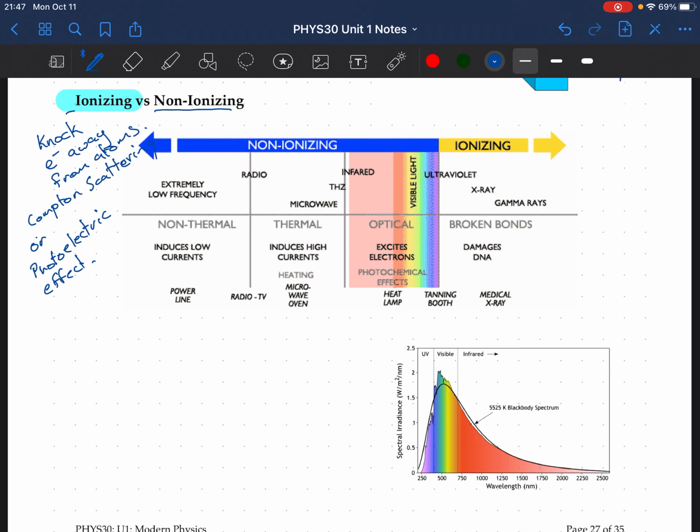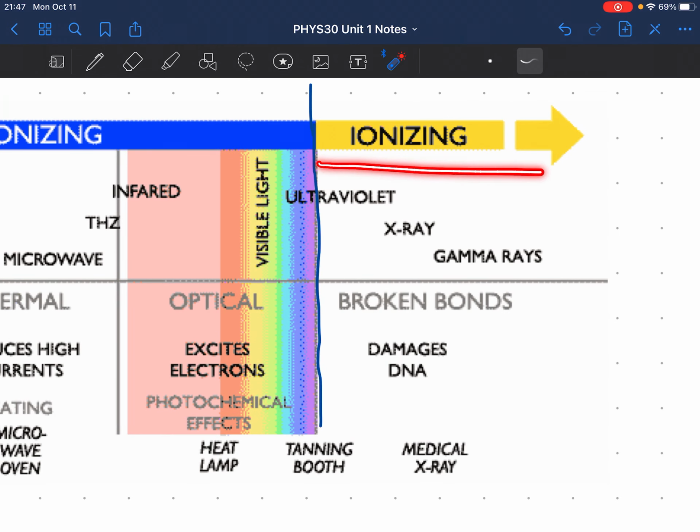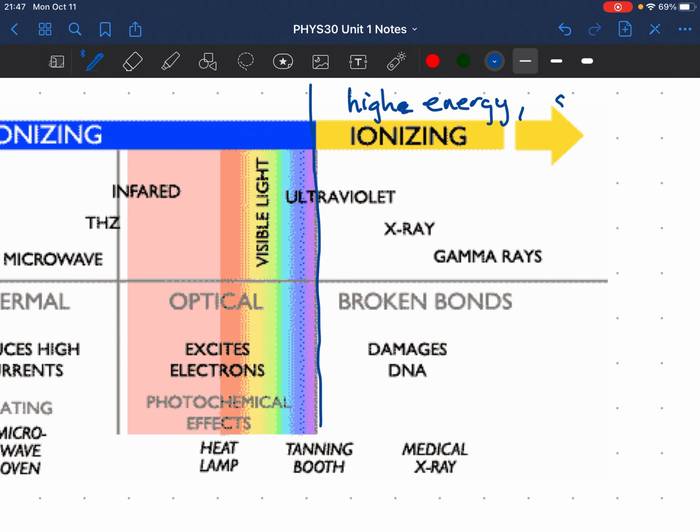Now, why is ionizing radiation so dangerous? Well, over here, we've got the boundary in the ultraviolet spectrum. So right here is our ultraviolet. Anything over here is ionizing radiation. This is high energy, short wavelength.